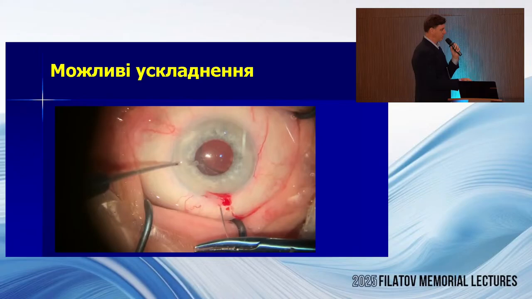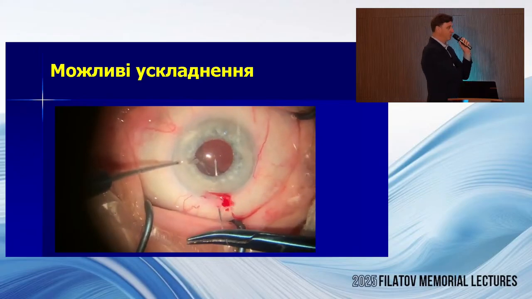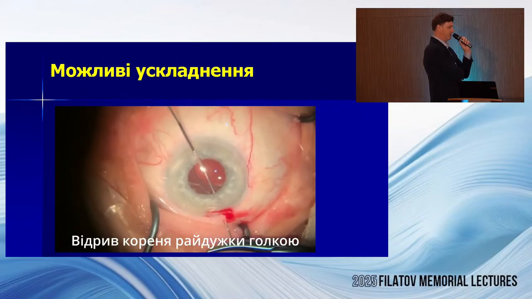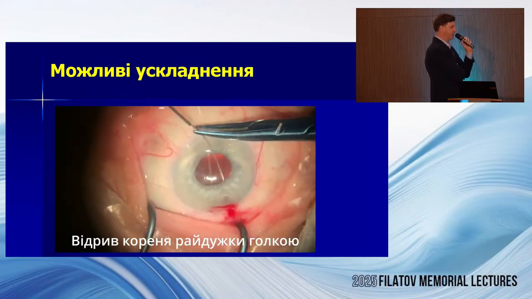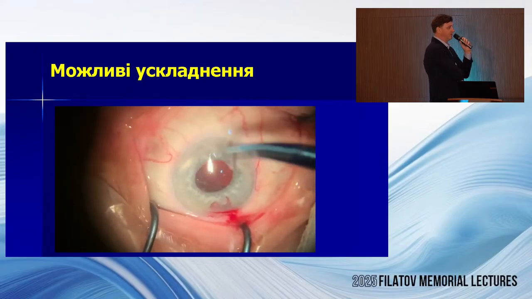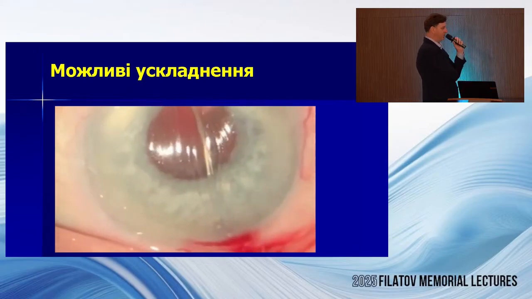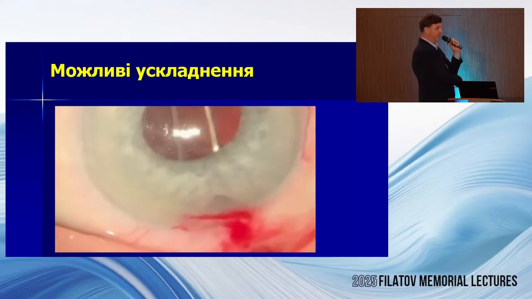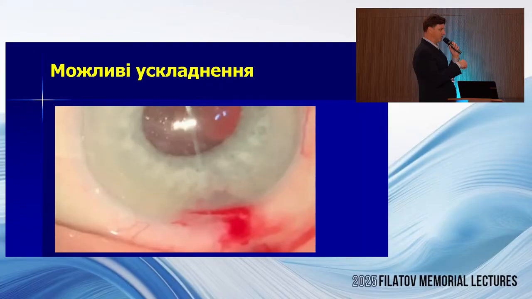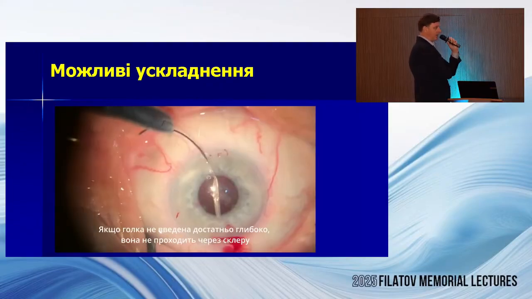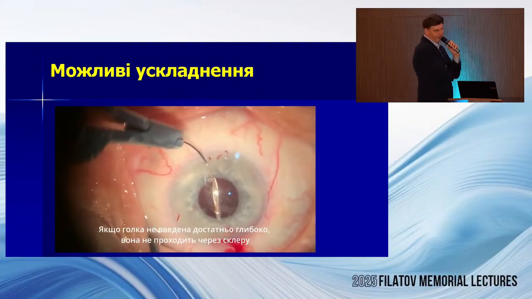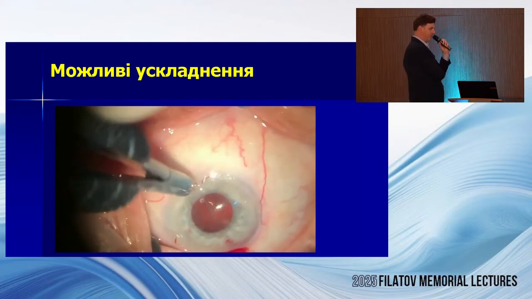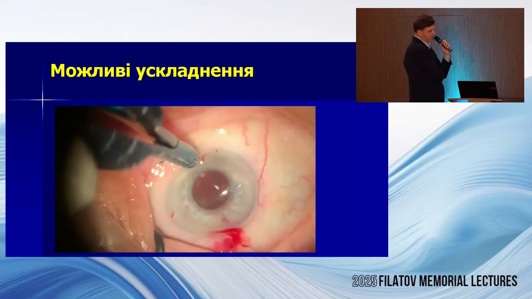Here are other possible complications. If the needle is pulled not through the conductor but right through the scleral tunnel, the tip of the needle can tear the margin of the iris away, because the incision through paracentesis decreases the mobility of the needle, resulting in possible hyphema or hemophthalmos.